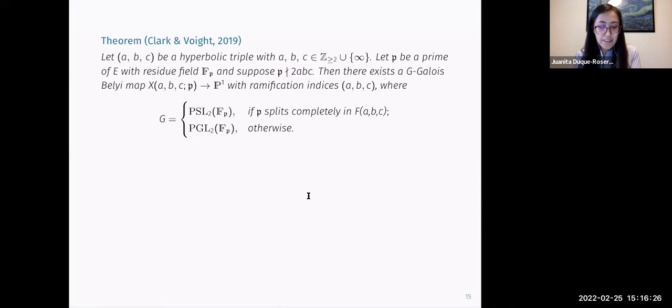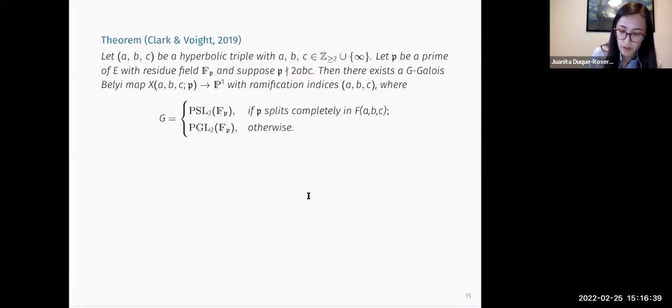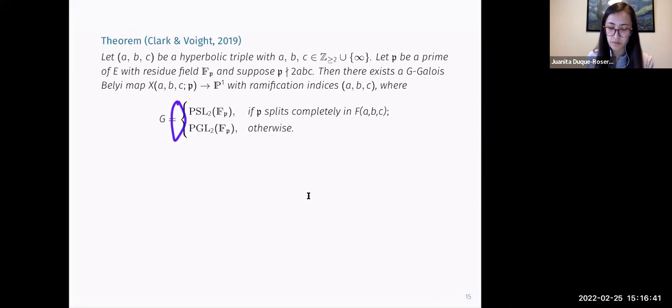Then there exists a G-Galois Belyi map from this curve to P1, where the ramification indices are A, B, and C, and where the Galois group is given by matrices, just as we have here. PSL or PGL just depends on the splitting behavior of your prime. So these are our triangular modular curves with level structure.